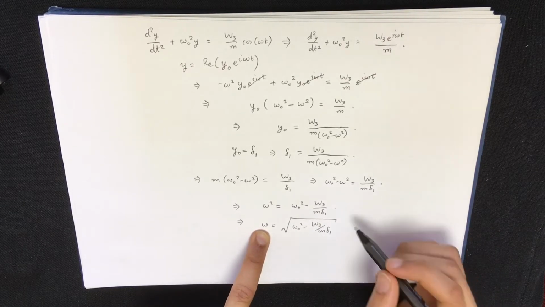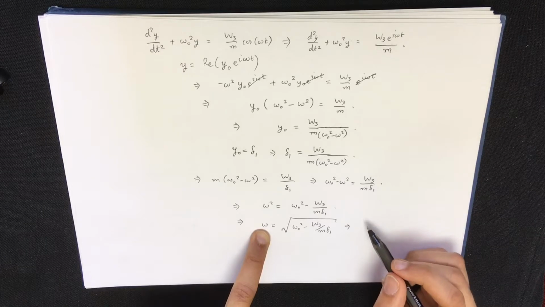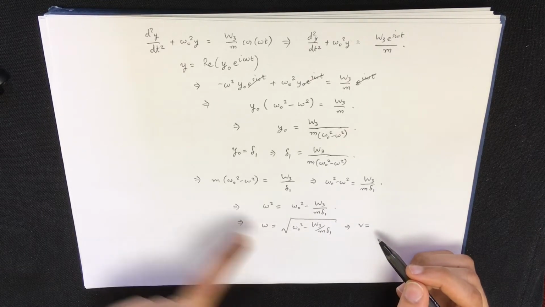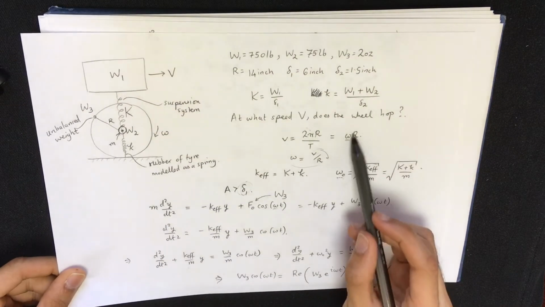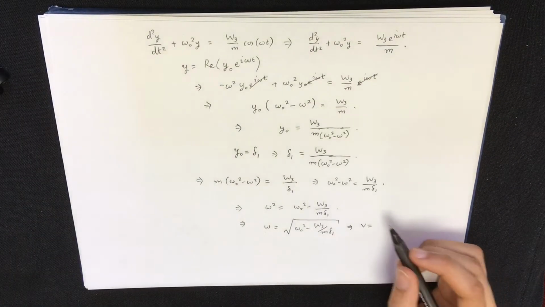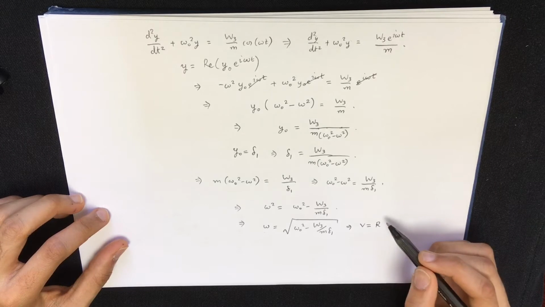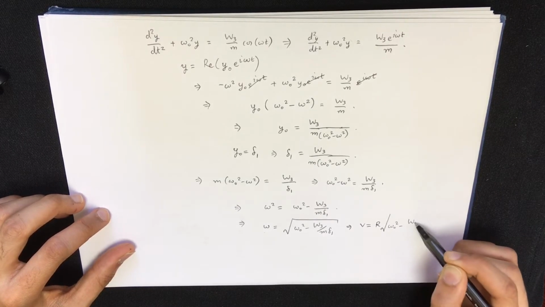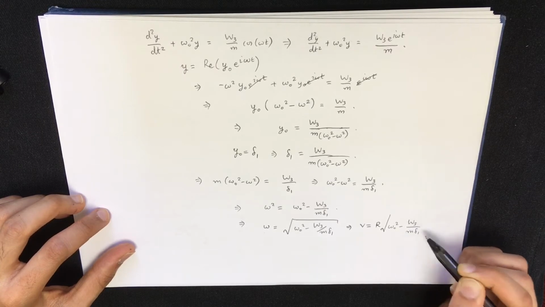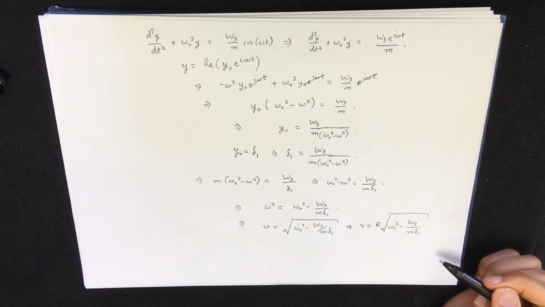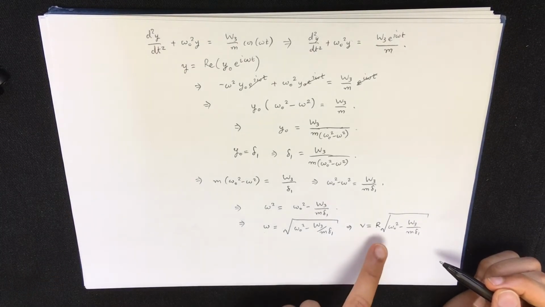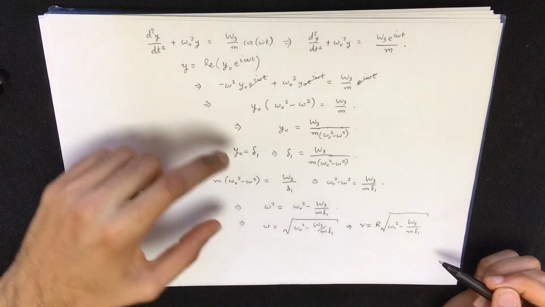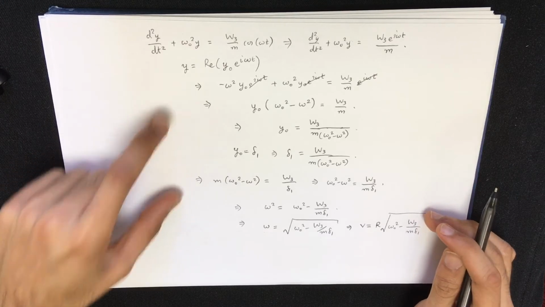The velocity of the entire car is going to be equal to omega times r, because that's what we figured out right at the very start. So it's going to be equal to r times the square root of omega naught squared minus w3 over m delta 1. So that's the expression I got for the velocity the car needs to travel at in order for the wheels to actually hop off the ground.